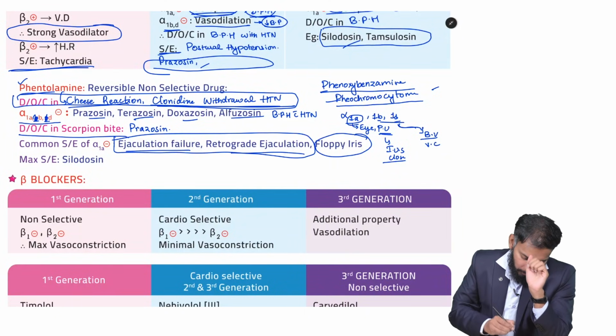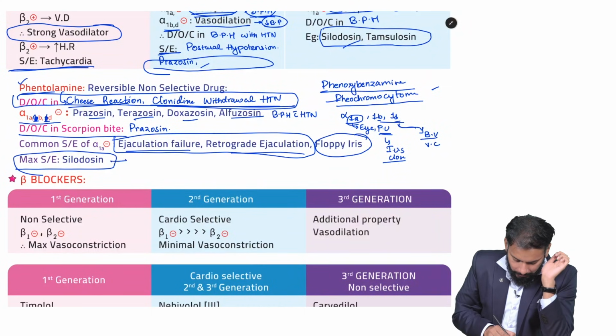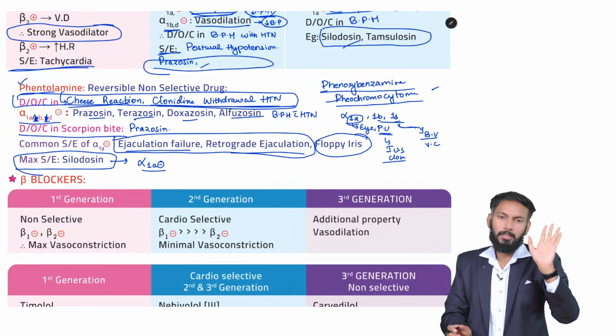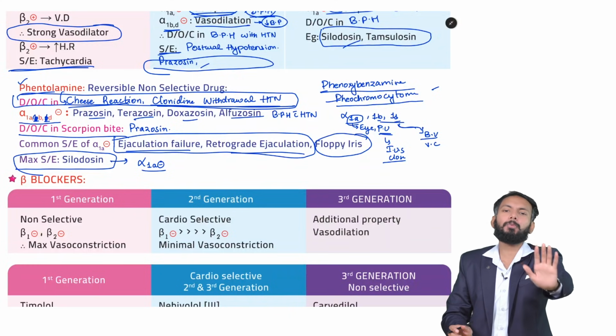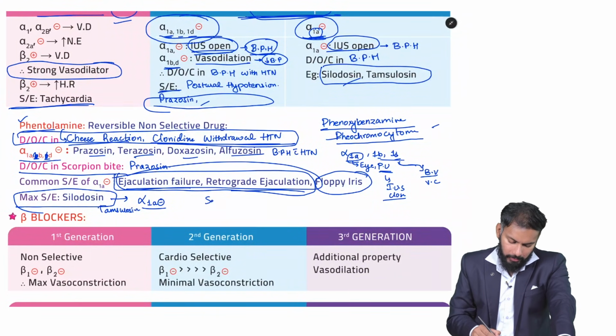Now, maximum side effects are seen with silodosin. Why? This is only blocking alpha 1A. So it will act mostly on alpha 1A. It is not acting on B and D. It is only acting on alpha 1A. So it is a powerful blocker. So silodosin and tamsulosin will have maximum side effects. How to remember this? Both of them are sexual side effects.